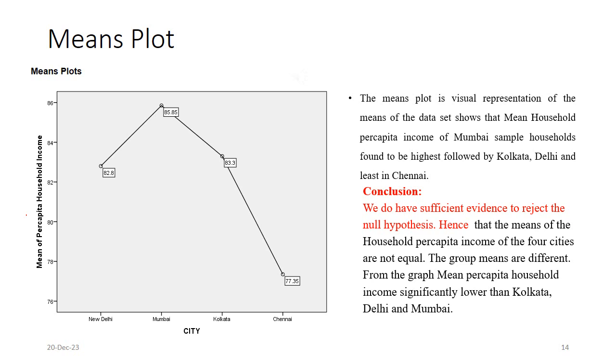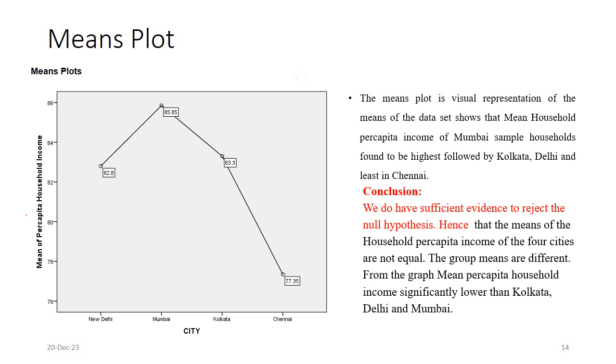By drawing the mean plots, it is clear that there are variations of household income between the cities. The mean plot is a visual representation of the means of the data set. It shows that the mean household per capita income of the Mumbai sample households is the highest, that is 85.85, followed by Calcutta, Delhi, and least in Chennai.